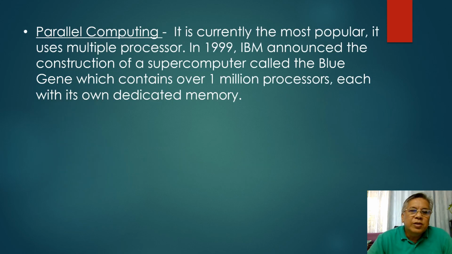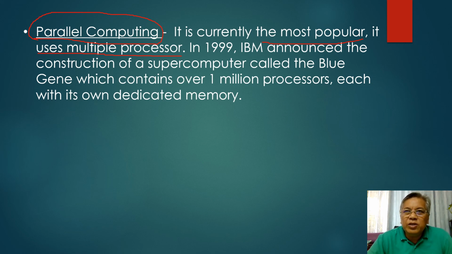Okay, so the other one is parallel computing. So what is parallel computing? It is currently the most popular. It uses multiple processors, just like in your existing computers now, or even in your cell phones.